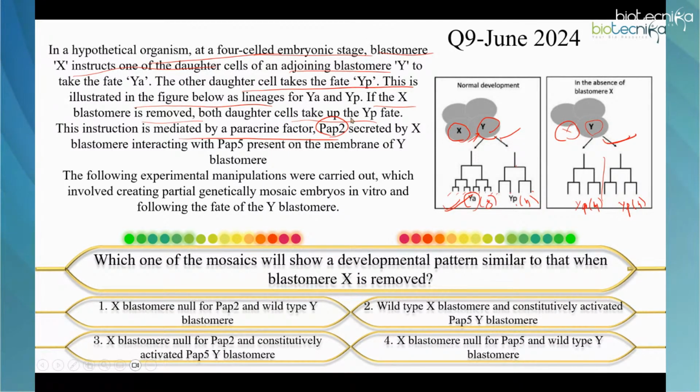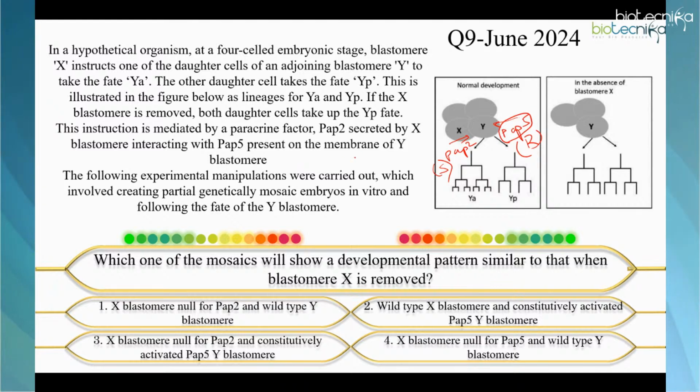So they are saying that X releases a factor which is called PAP2, and they interact with another factor present in Y which is PAP5. So this is the receptor probably, and this is the signal, diffusible signal. So PAP5 being a receptor, it will be present on the membrane of Y, right?